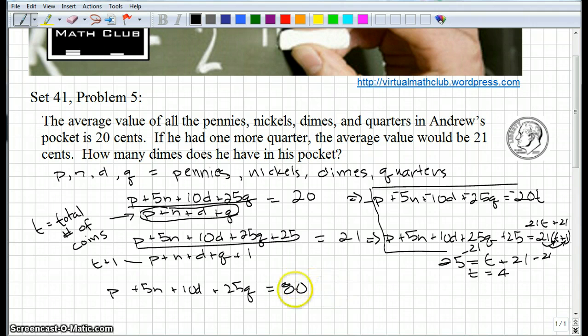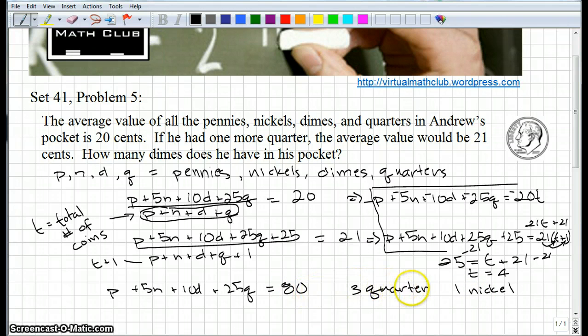So, what does that tell me? I've still got these 4 variables, but if I think about it, I've only got 4 coins, and I gotta have 80 cents. So one way I could do it is I could have 3 quarters, that would be 75 cents, and I could have 1 nickel. That would give me 80 cents. Now, is there any other way that I could have 4 coins and have 80 cents?